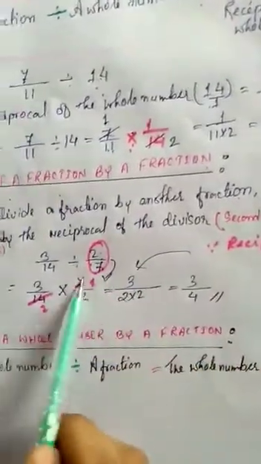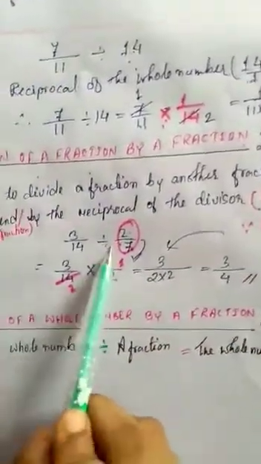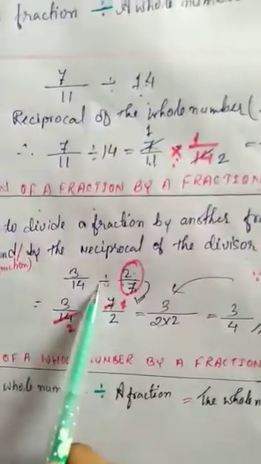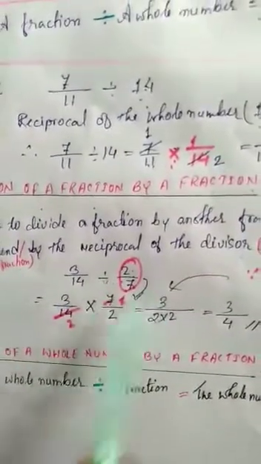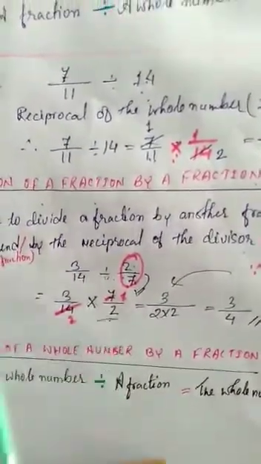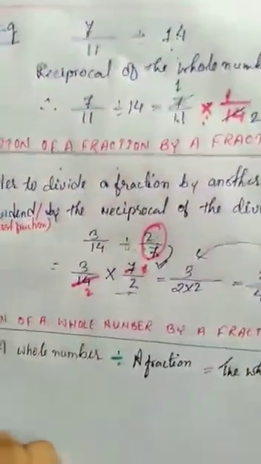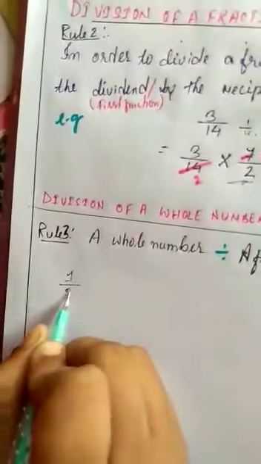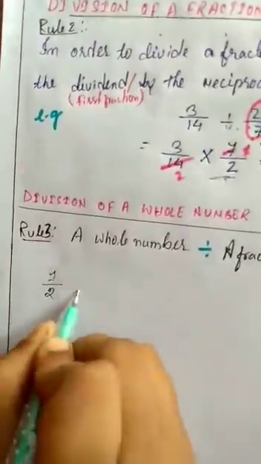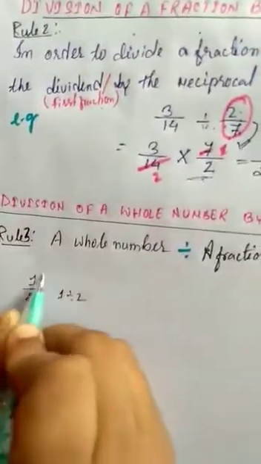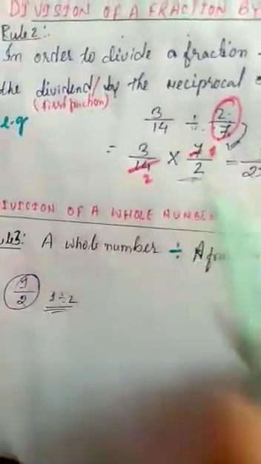And mind it, children, at the time you change the sign, at that time only you write the reciprocal of the number, as it means dividing. All of you know that 1 by 2 means 1 divided by 2. So then only we are getting the reciprocal.